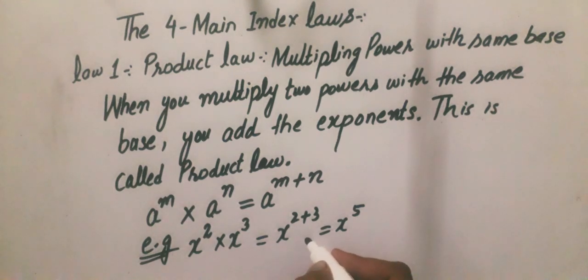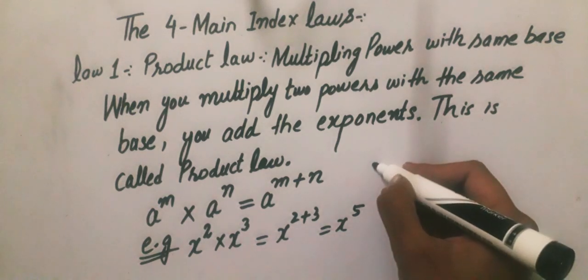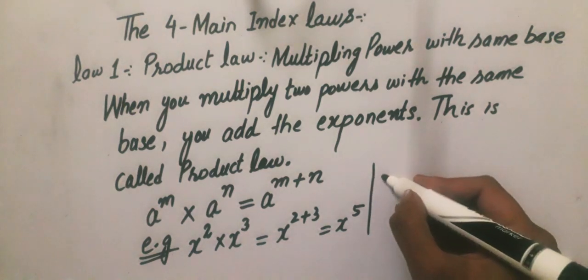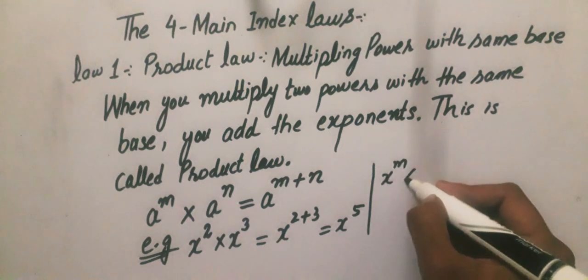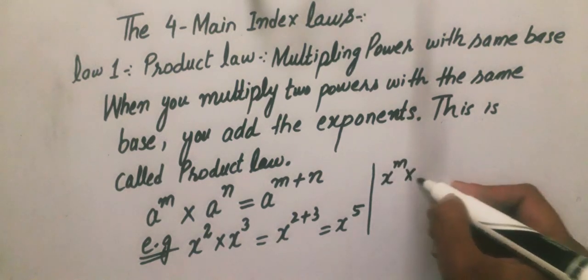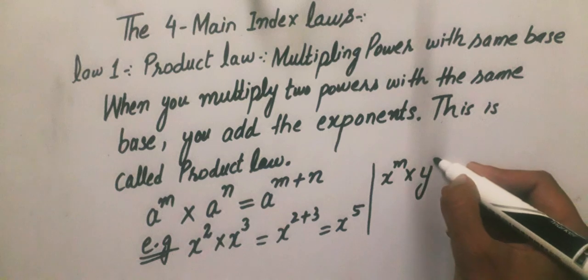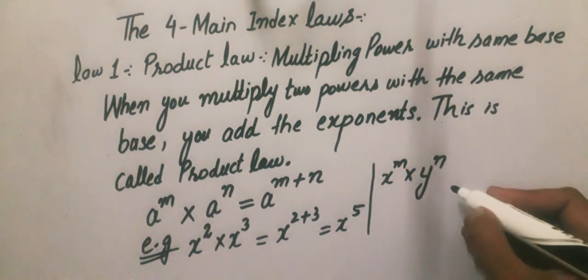If the bases are different, you cannot combine the exponents, like x raised to power m multiplied by y raised to power n.